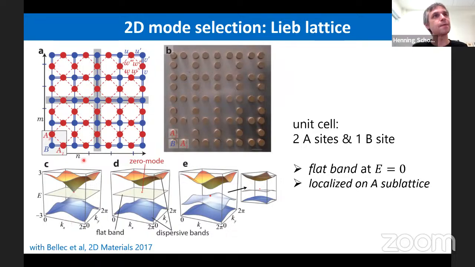And this flat band will also only sit, in terms of its weight, the wave function, only on this red sublattice. Now what we can do is again play around with the couplings to isolate the state. And the first thing is to shift these resonators a little bit so that we have alternating spacings up to a point in the middle where we have wide spacing around the defect.